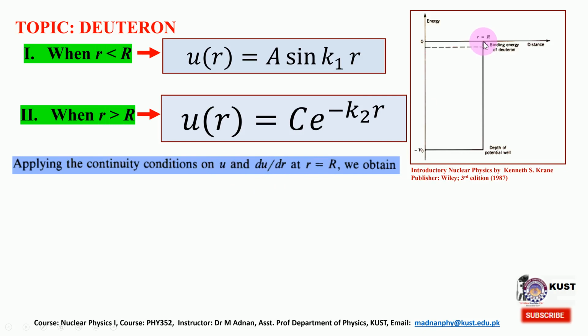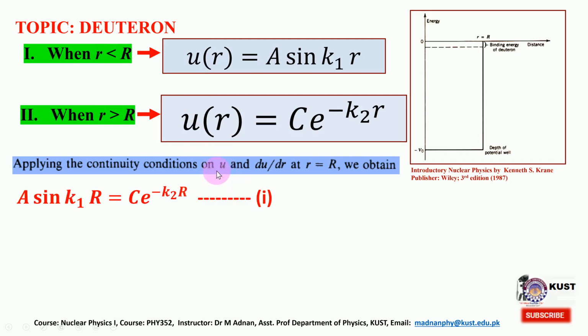We have a boundary at r equal to capital R. On one side we have one solution, and once r is greater than R, we have another solution. So continuity means that at this boundary, whichever solution you take, the two will be the same. Remember, this u is the radial part of the wave function.